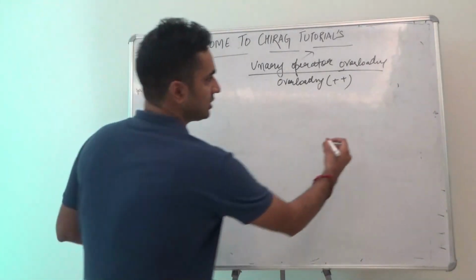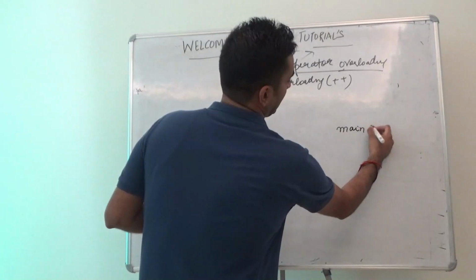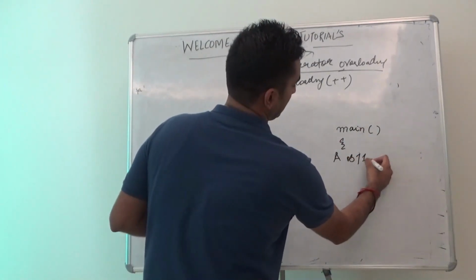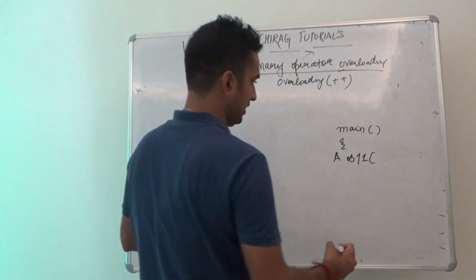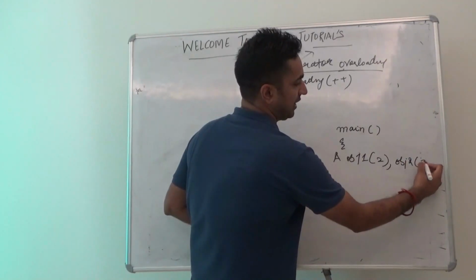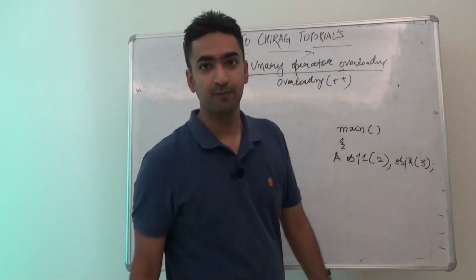For example, I'll just write main and create two objects: obj1, I'm writing 2, and obj2, let's say, 3.